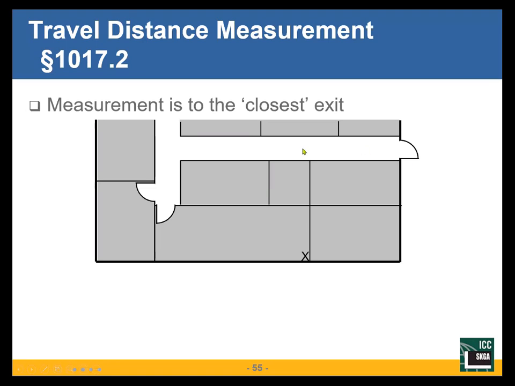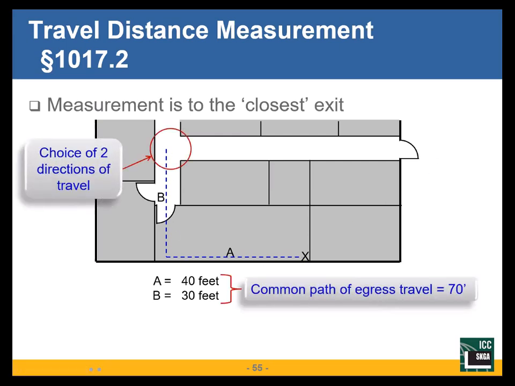It's not always measure from the furthest room. Measure from every room. Which one has the worst case travel distance? This one. I'm coming here and here. That is my common path of egress travel, which we've measured. Okay, that complies.